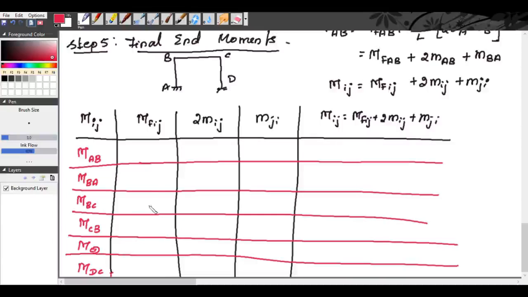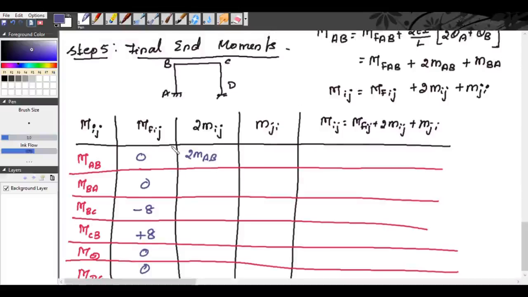Now what is MFIJ? This is nothing but the fixed end moment which we have obtained in our first step. So, MAB, the fixed end moment is 0. MBA is 0. MBC is minus 8. MCB is plus 8. MCD is 0, 0. Now, what is 2MIJ? That is 2MAB.